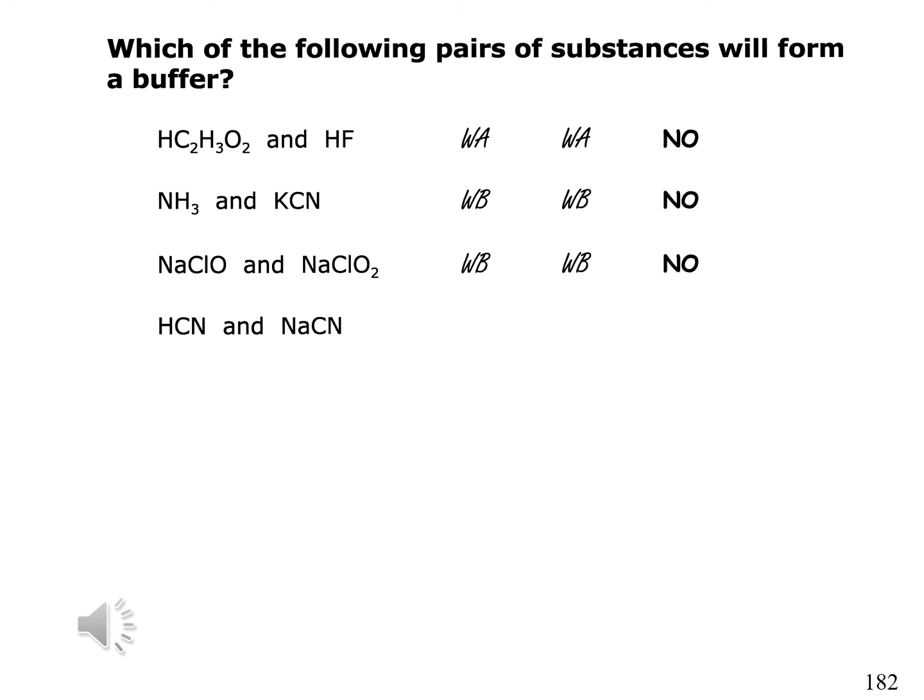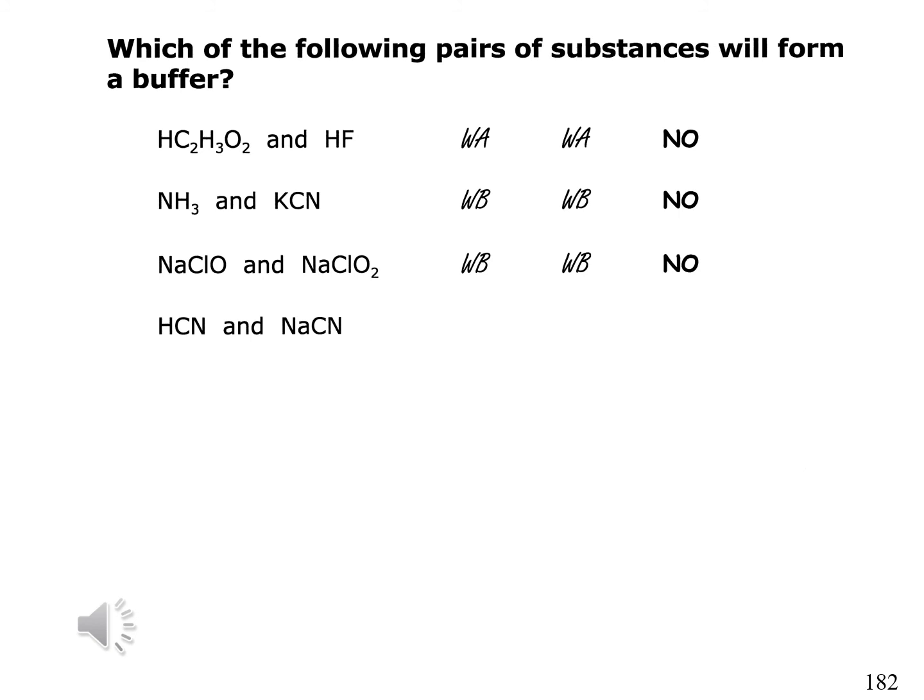HCN and NaCN is a classic buffer. This is what people usually think of, that if you take a weak acid and you replace the H with an Na or K, you will get a buffer. The thing is, some people define a buffer as a weak acid and a salt of the weak acid, which is what this is. I don't like that definition because it doesn't apply to all buffers.